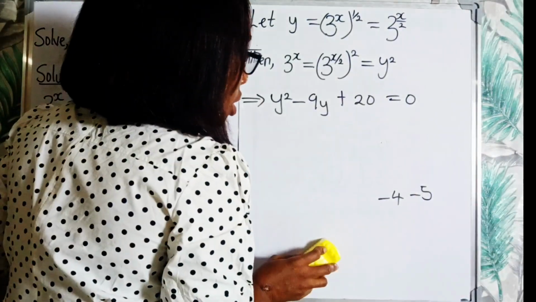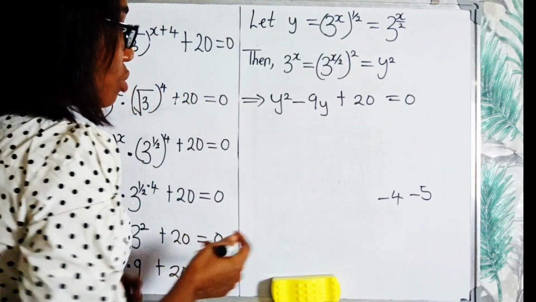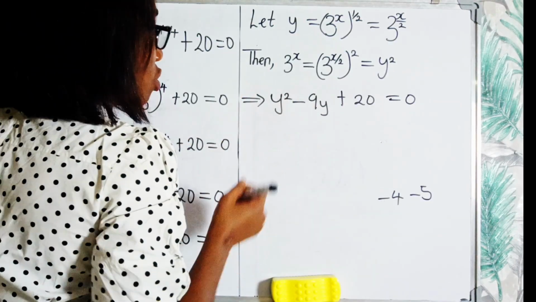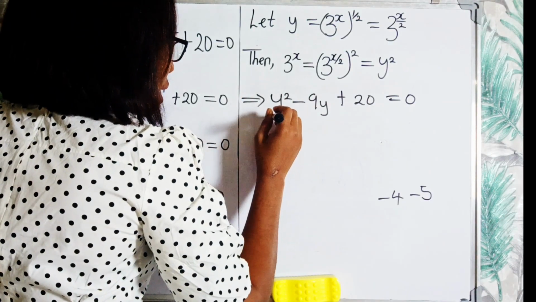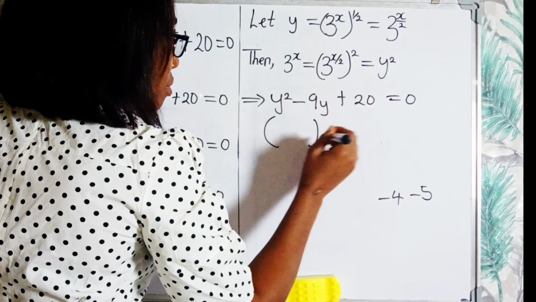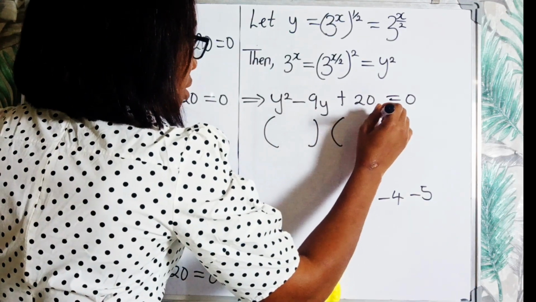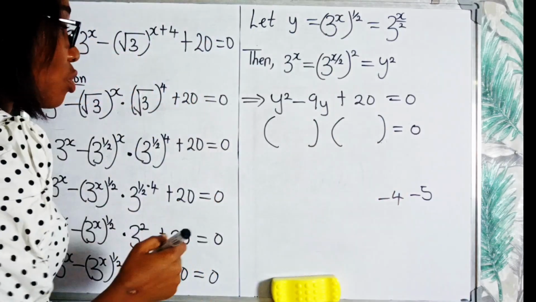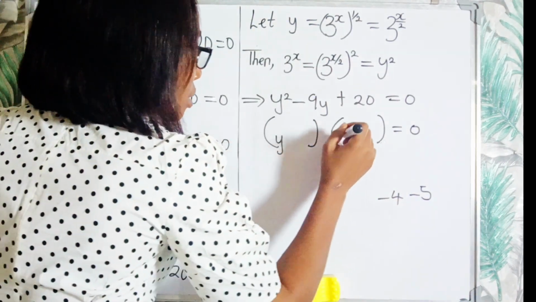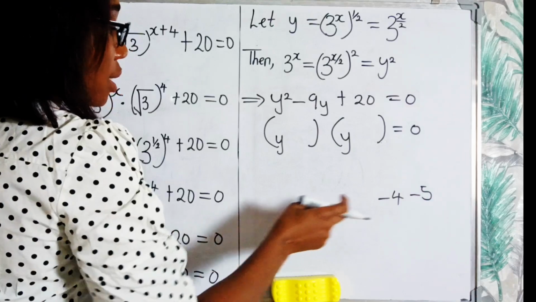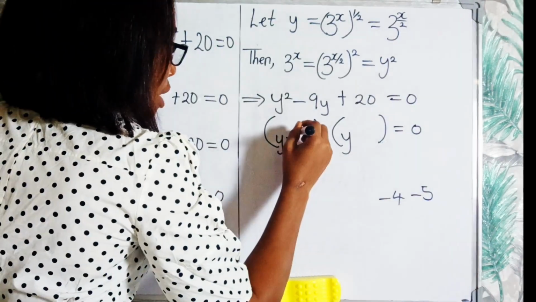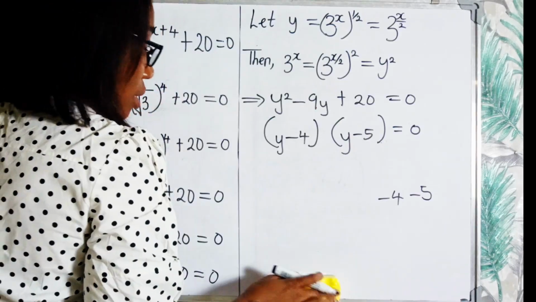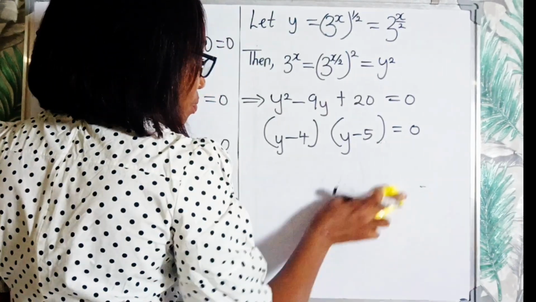So let's factorize using these factors. We open two brackets, and all will be equal to 0. We have our y here and y here, and then we use our factors, minus 4 and minus 5, and everything is equal to 0.